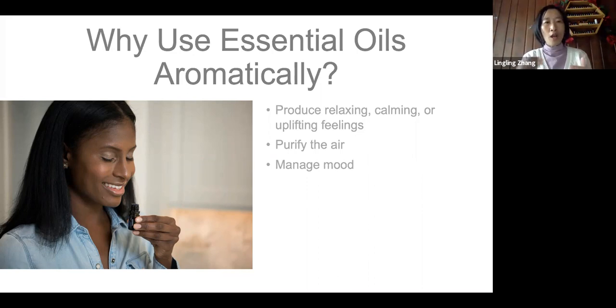We talked about this connection between smell and the limbic system, right? Our limbic system is in our brain. It's very, very deep, and it's really hard for any substance to reach that part. The limbic system controls our emotions, our memories, and the endocrine system.